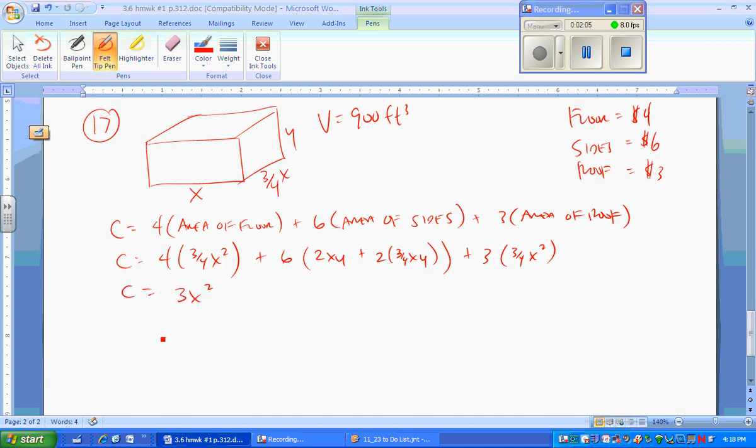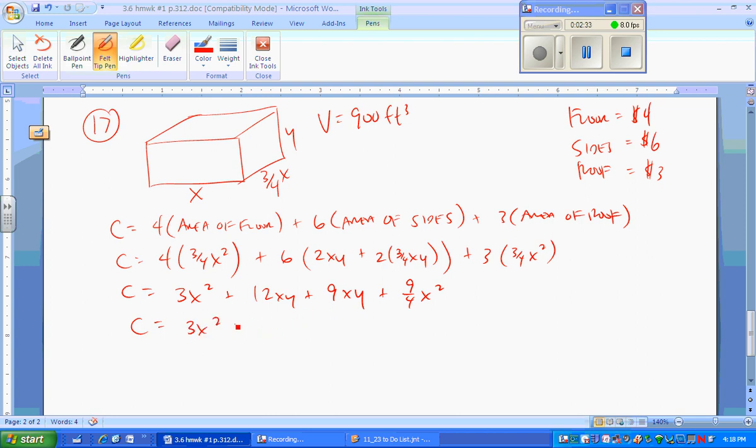and we get 3x squared plus, if we distribute this, we get 12xy, plus 6 times 2 is 12 times 3/4 is 9xy, plus 3 times this, we get 9/4 x squared.